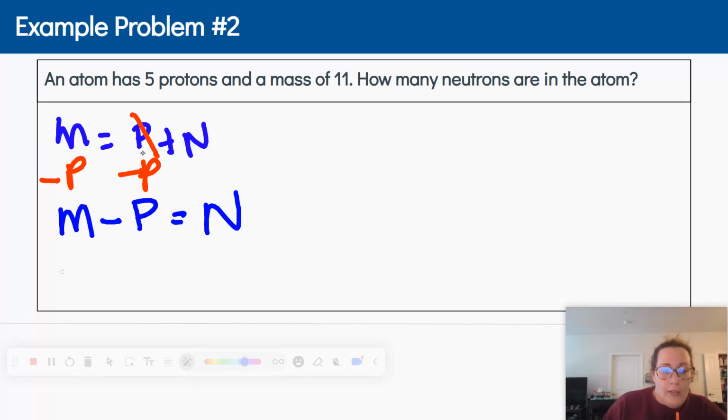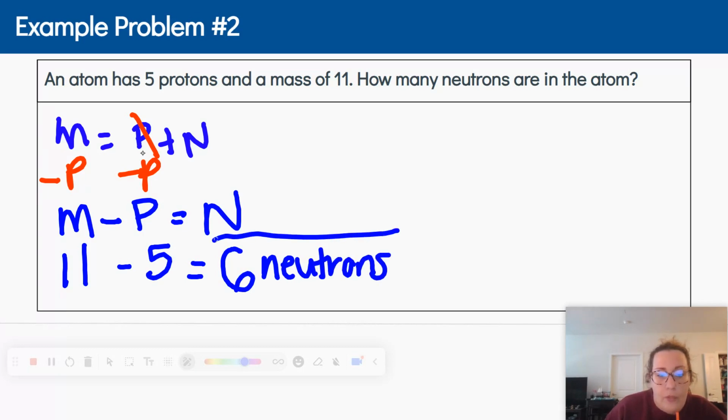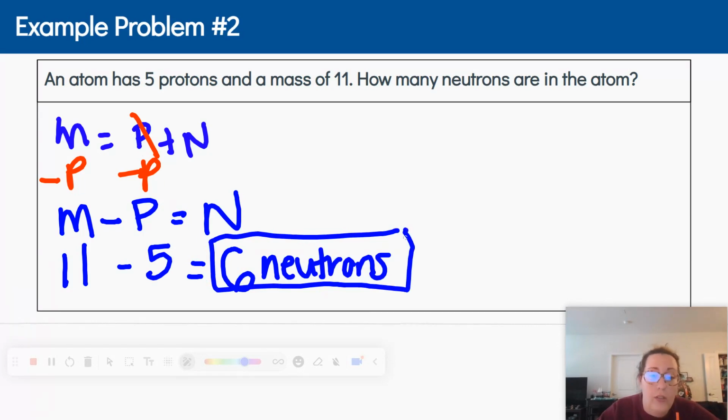So if we have a mass of 11 and we have 5 protons, 11 minus 5 is going to give us our number of neutrons, and that is going to be 6. If you just wrote the number and you didn't write out the work to it, please make sure you go back and do that. That'll help you remember how to solve for neutrons.